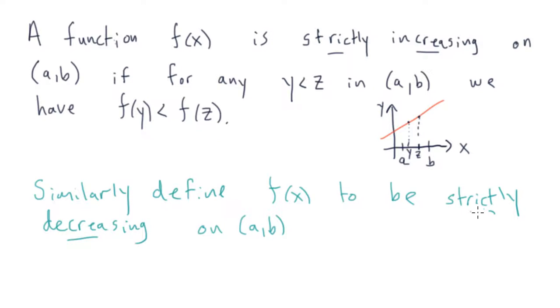All we have to do is change this inequality. Instead of requiring points to the left to be strictly smaller than points to the right, we want points to the left to be strictly larger than points to the right as we look from left to right on the graph of the function.